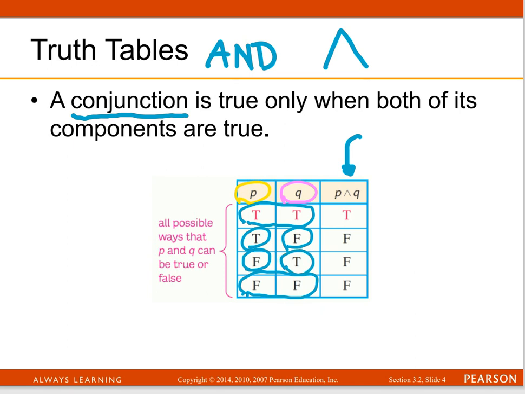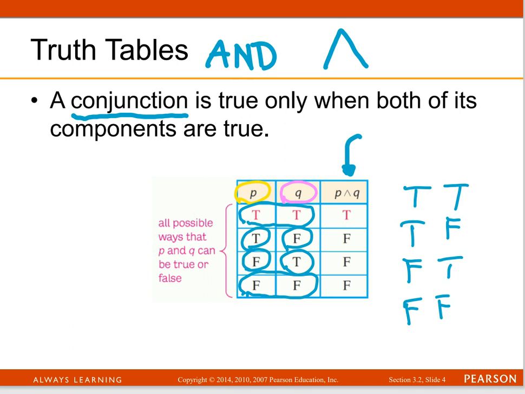And whenever they make these tables, they'll always go true-true, true-false, false-true, false-false. They will always do that. Even in my math lab, it'll be a drop-down box and show it that way.